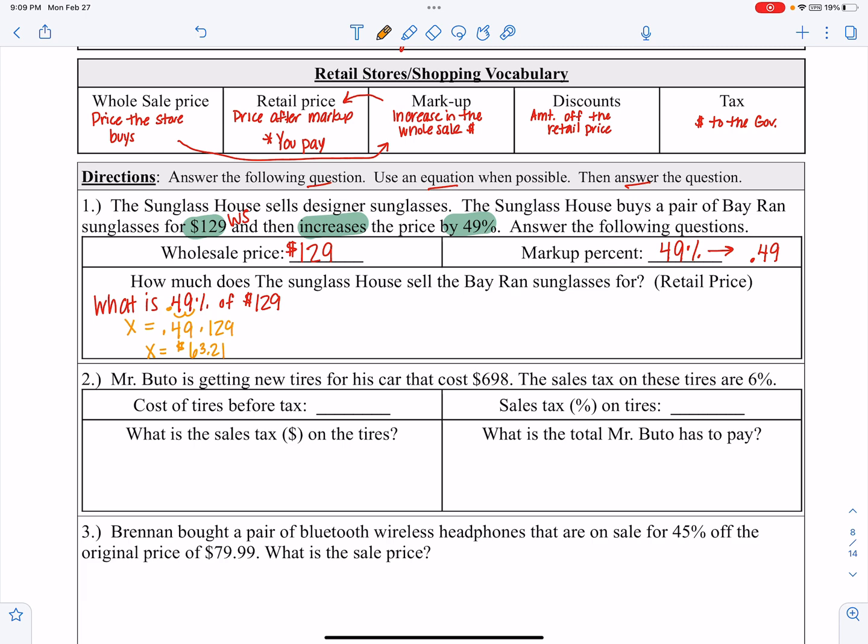Okay, so it was a 49% markup, and so our answer is telling us what that markup is. Okay, so this number is 49% of 129, but it's not what the Sunglass House is selling those Ray-Bans for. This is the markup amount. It's the amount they're adding to sell to us.